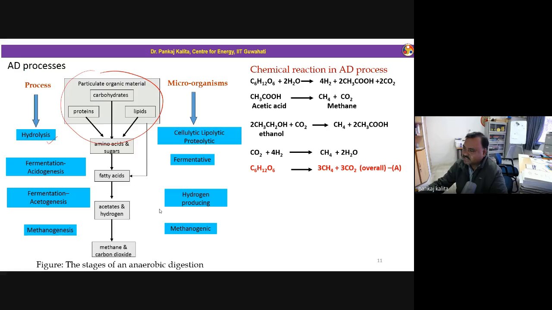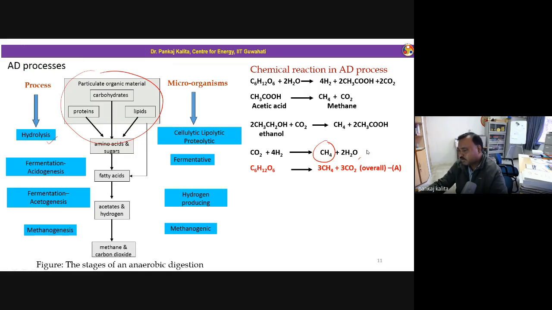Then acetic acid is again converted to methane and carbon dioxide, and also we have ethanol, which is converted to methane plus acetic acid. And finally the carbon dioxide generated in the acetic acid conversion, and the hydrogen from the glucose conversion, finally lead to methane formation. And then water vapor.